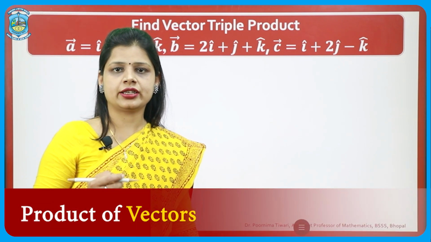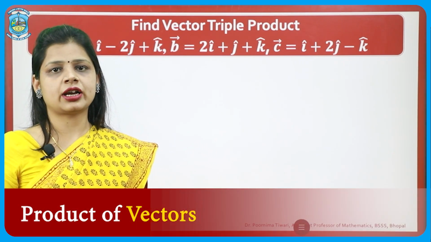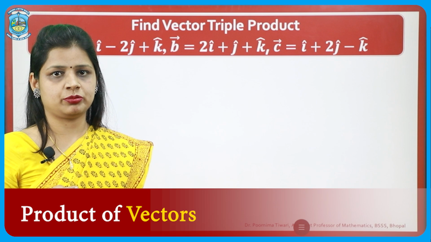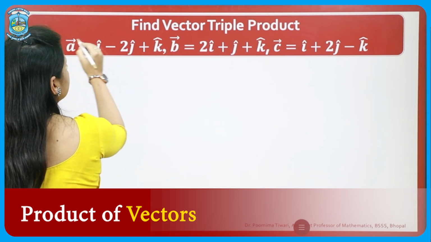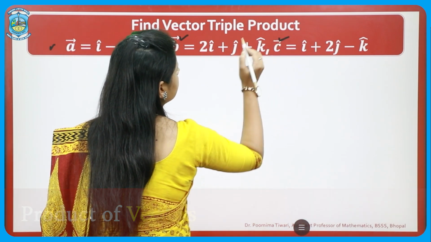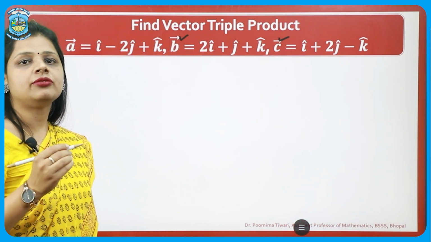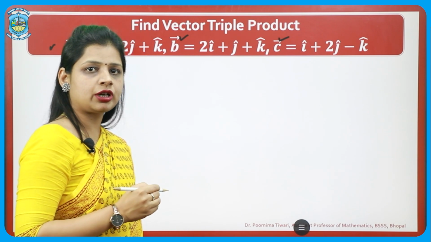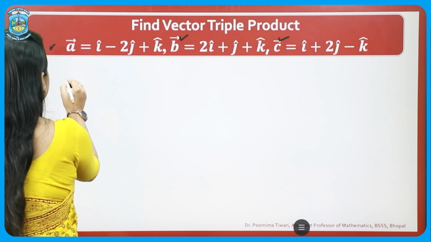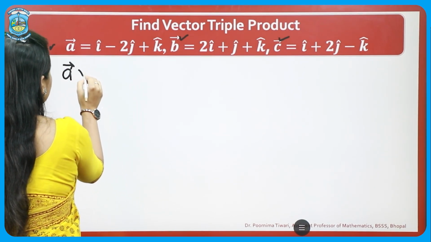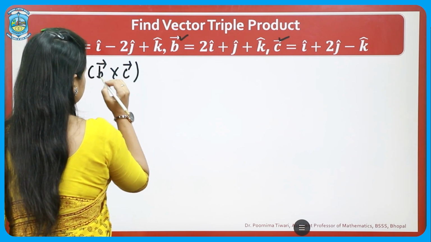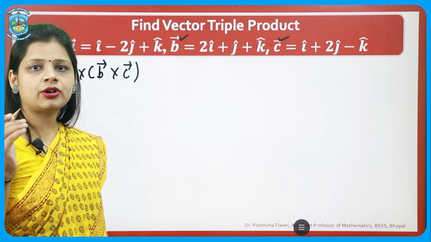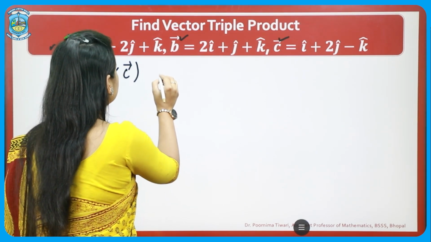Let us solve one example where we have to find the value of a vector triple product. In this question, vectors A, B and C are given and we have to obtain the triple product of these vectors, that is A cross (B cross C), and for it we will use the formula.